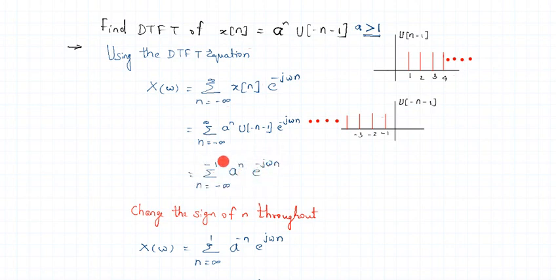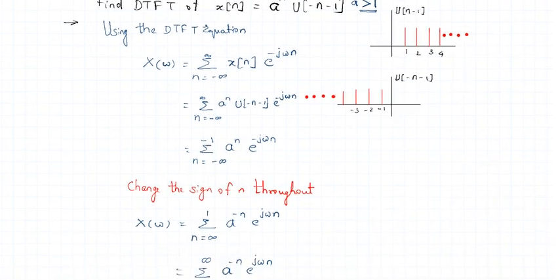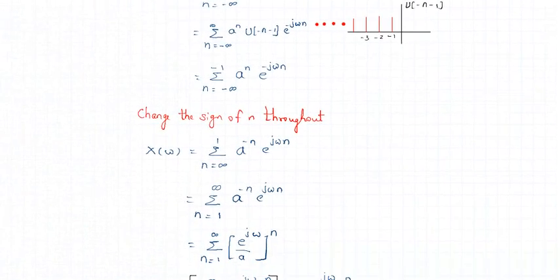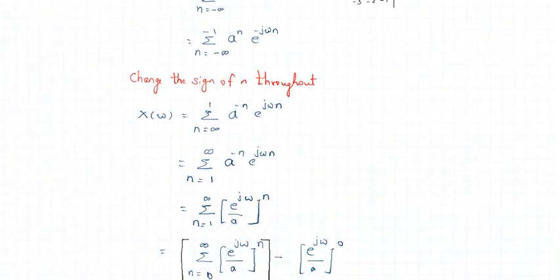We need to now simplify this summation. To simplify it, the very first thing we will do is change the sign of n throughout, because we observe that the limits are negative in magnitude. To fit it into some summation identity, we need to change the sign of the limits, so that we can make it compatible later.